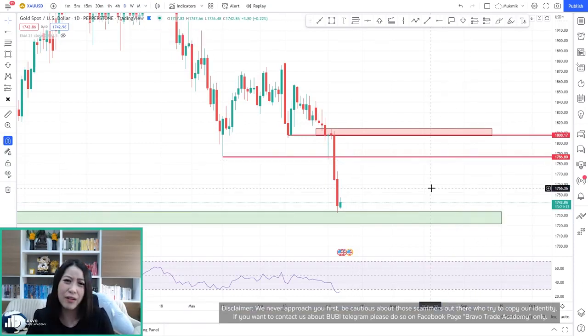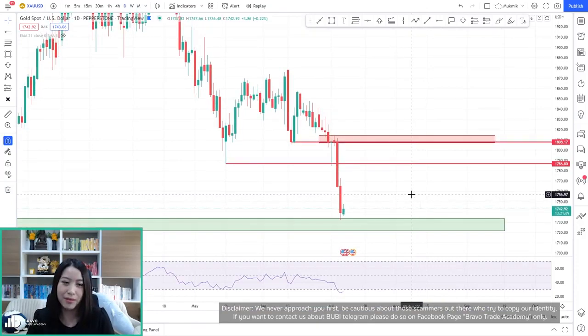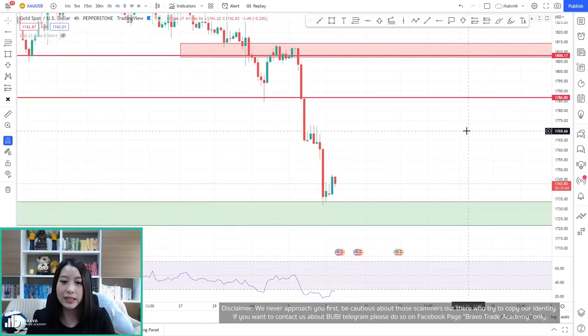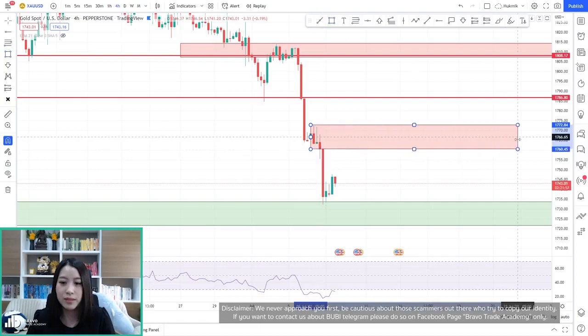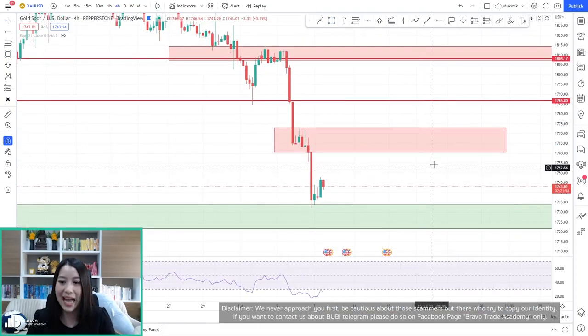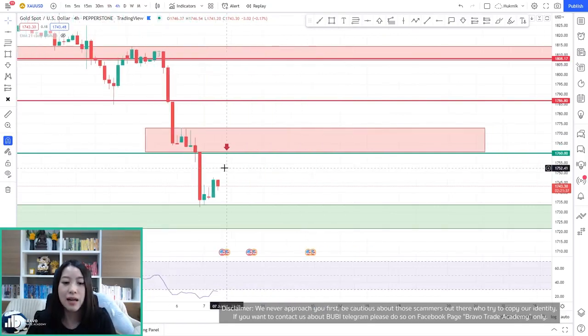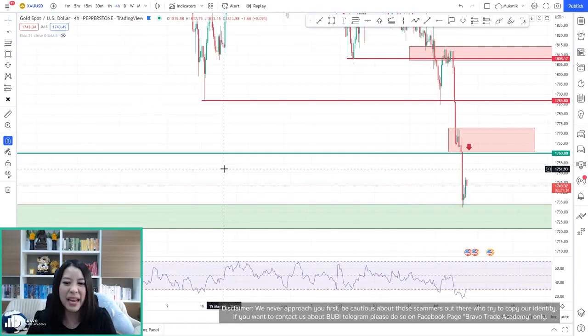But the daily time frame is quite big, so we need to drop down. Let's see what we've got in the 4-hour time frame. In the 4-hour time frame, we have this beautiful supply zone, which is at around 1760. That's the first zone that we might consider, but I need to tell you that this zone doesn't have any friends.